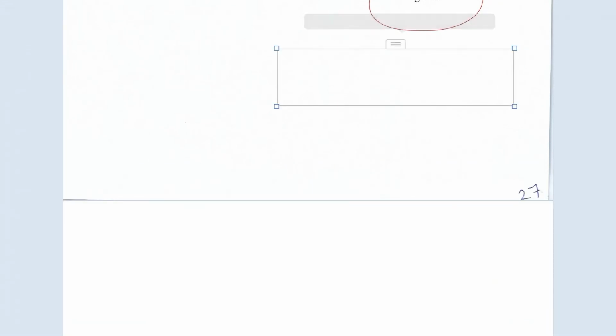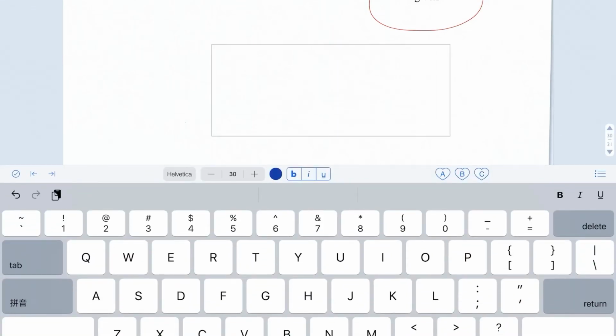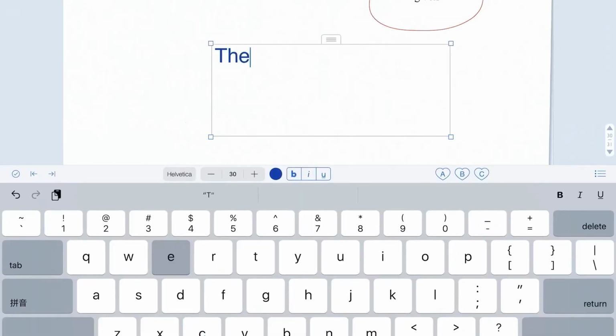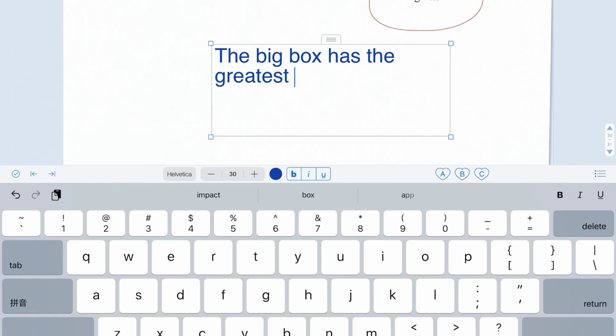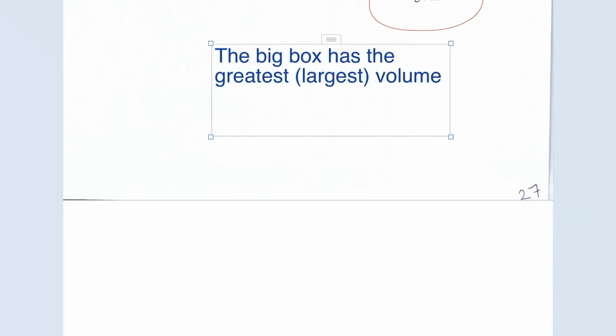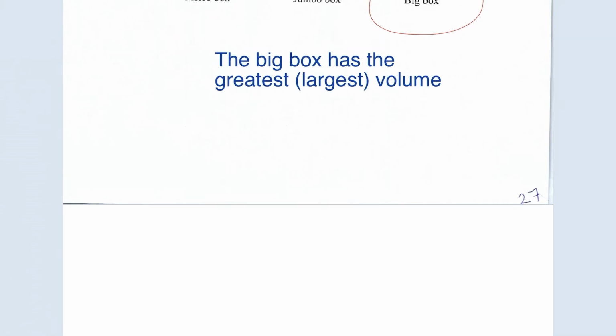Let's make this bigger. The big box has the greatest volume. You could also say it has the largest volume. So I'll put largest in parentheses. And there you go. There you have it.